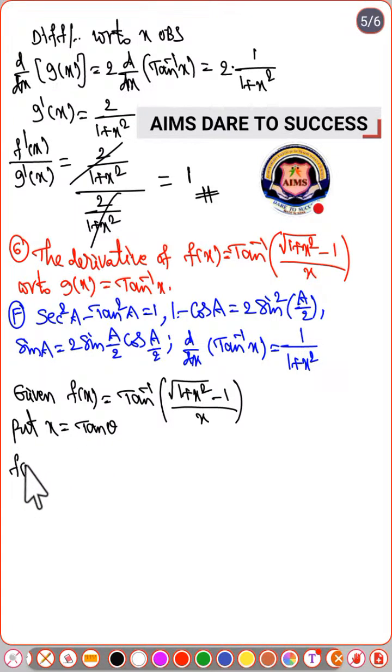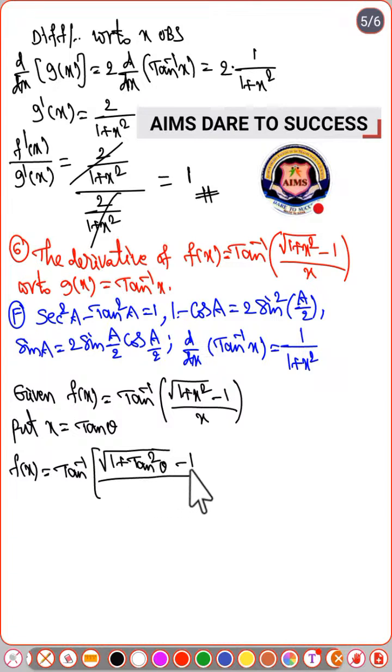We get f of x equal to tan inverse of under root of 1 plus tan square theta minus 1, whole divided by tan theta.